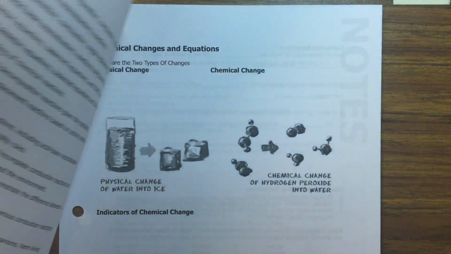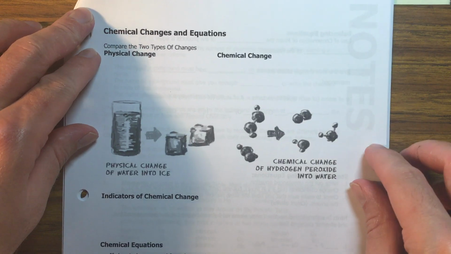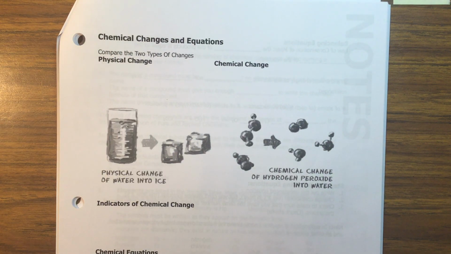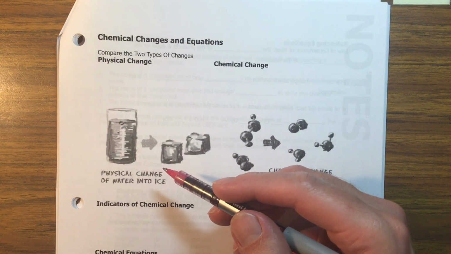All right, so we're going to start off with what is a chemical change and what is a chemical equation. We've got two types of change that we're looking at. Physical change. In a physical change, the matter itself doesn't change.